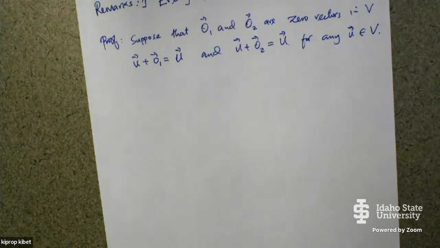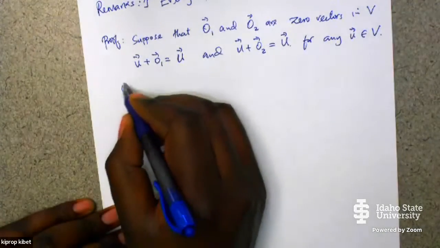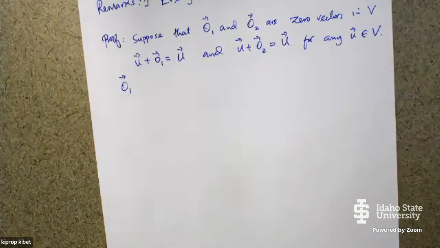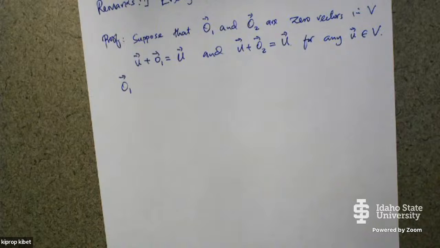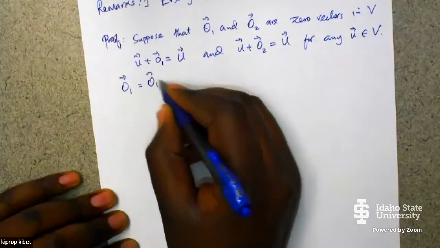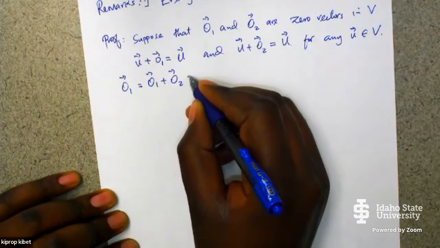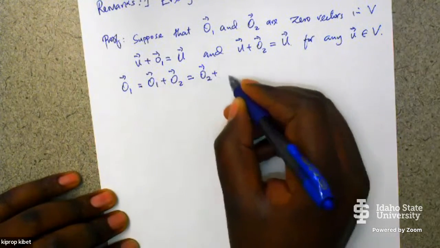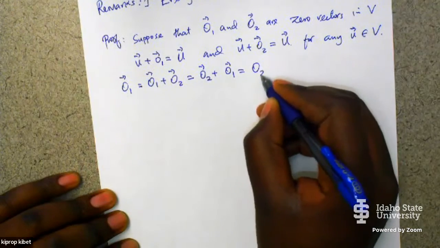Then, taking u as 0₂ in the first equation and u as 0₁ in the second, basically 0₁ equals 0₁ plus 0₂, and this is the same as 0₂ plus 0₁, which equals 0₂.